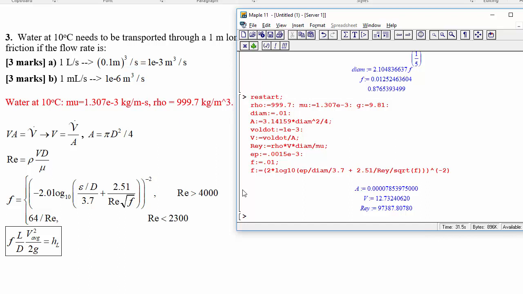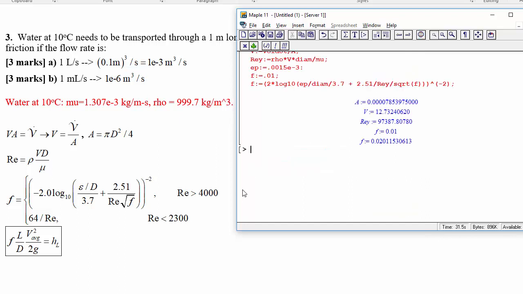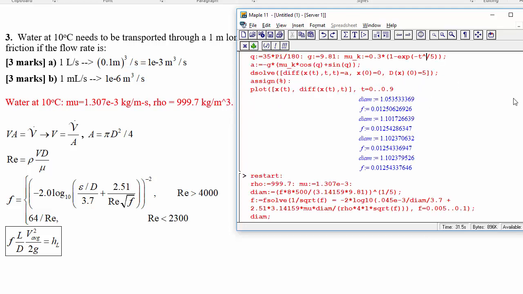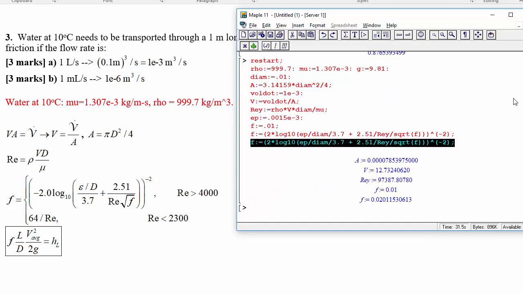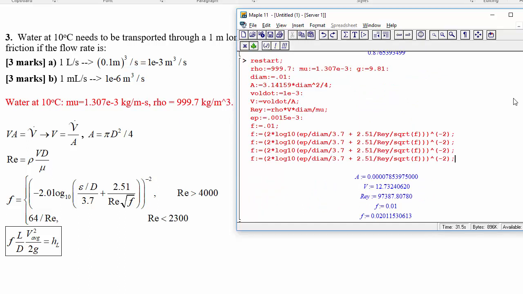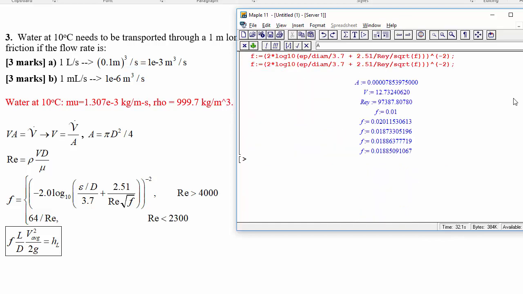Close out that logarithm, and that should be our next guess for the friction factor. And we don't expect it to go outside of the range of reasonable friction factors too much. That's one iteration. We can do the same calculation again and again and again in order to zero in on what friction factor we want.